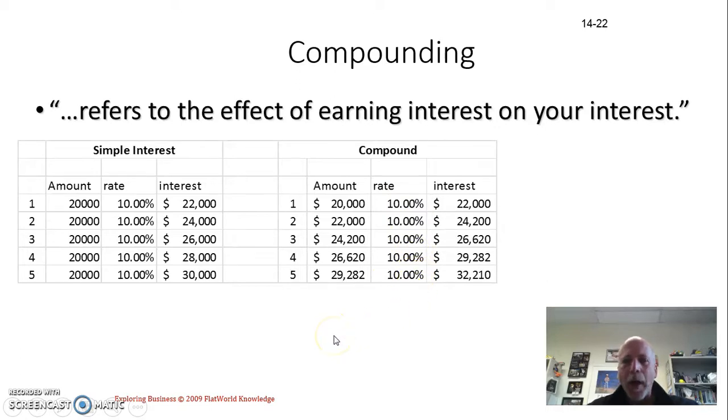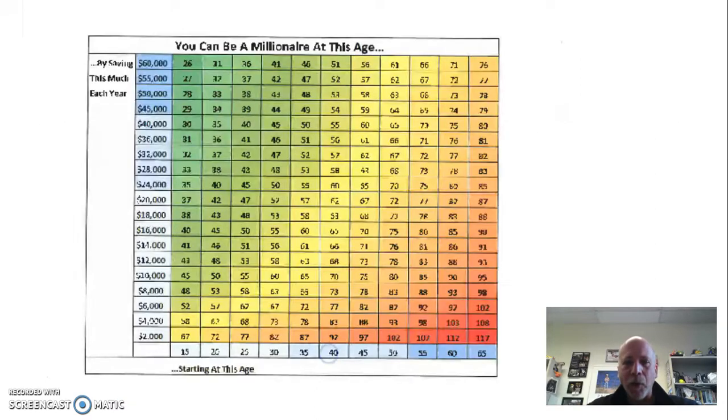And that's why saving small amounts of money for retirement or for the future when you're young has such a tremendous impact on how fast it grows.